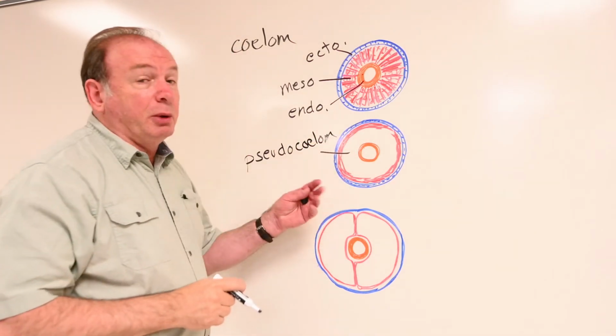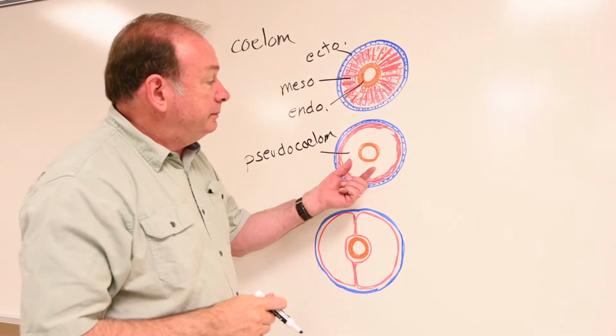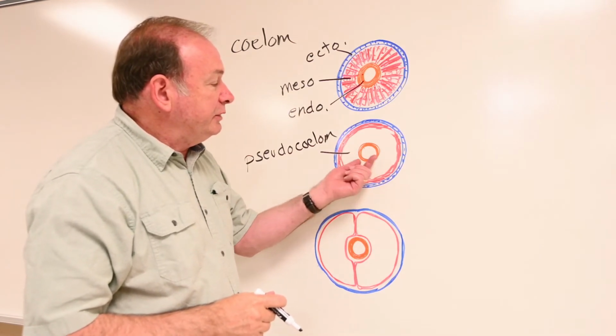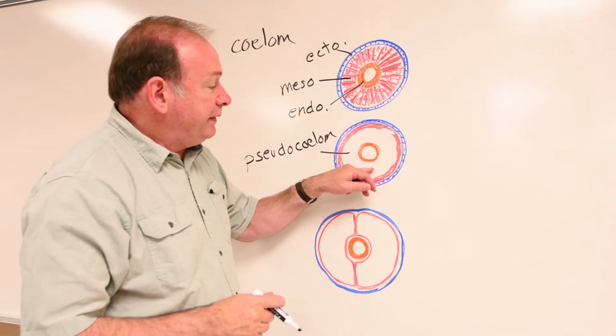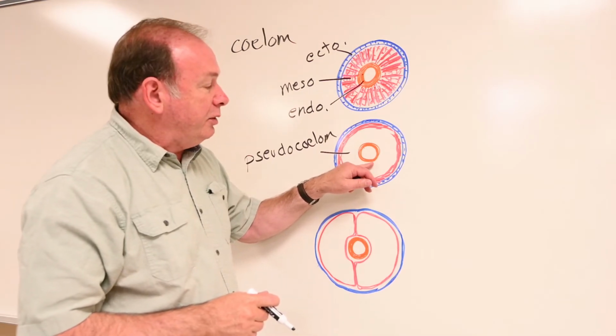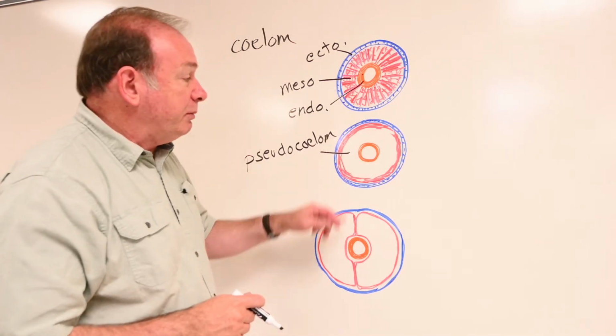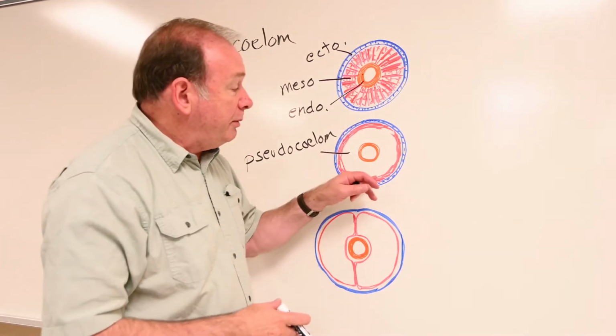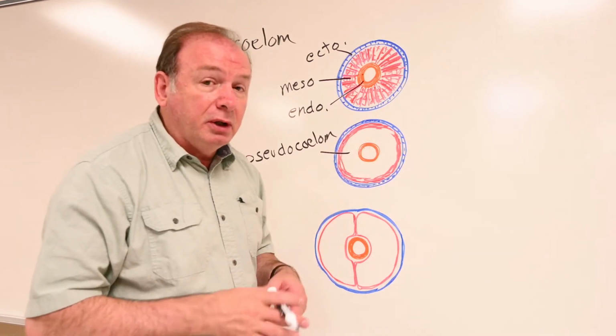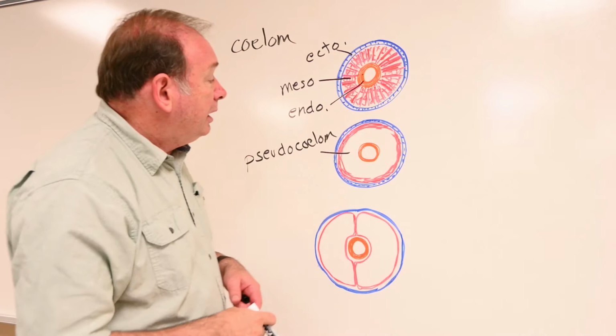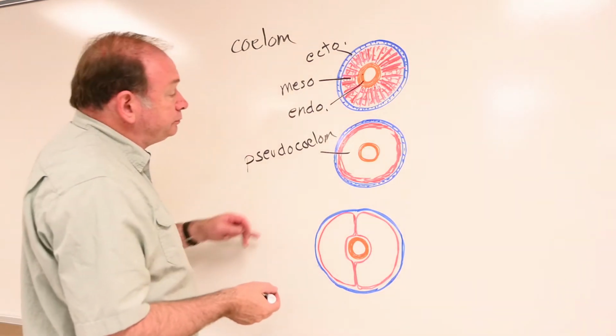So your pseudocoelomates do not have a layer of mesoderm adjacent to the gut. They've got this cavity in here between the gut endoderm and the mesoderm out against the body wall. In a typical roundworm, that mesoderm would be mostly muscle, so it allows the movement of a roundworm.